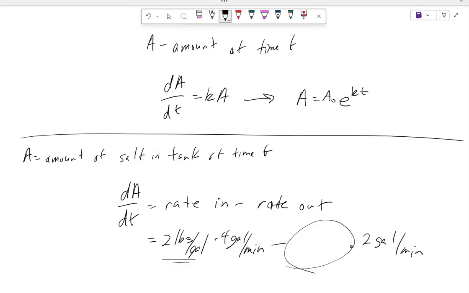No, that's what we're trying to figure out, isn't it? I literally wrote, let A equal amount of salt at time t, right? So I don't know how much salt is in the tank, right? If I knew how much salt is in the tank, I could divide it by the gallons, and that would give me concentration, right? So on the top, I'll just write A.